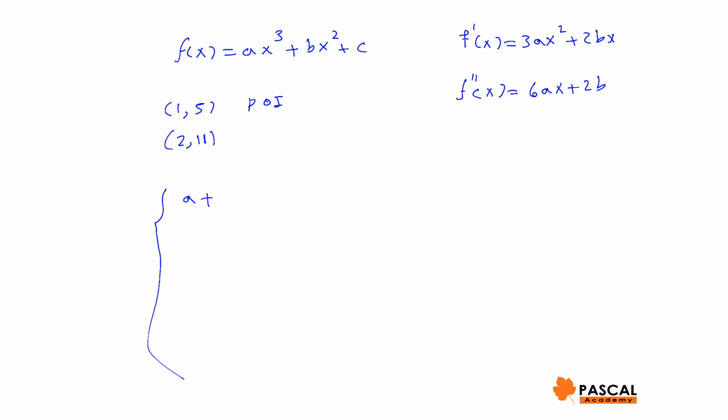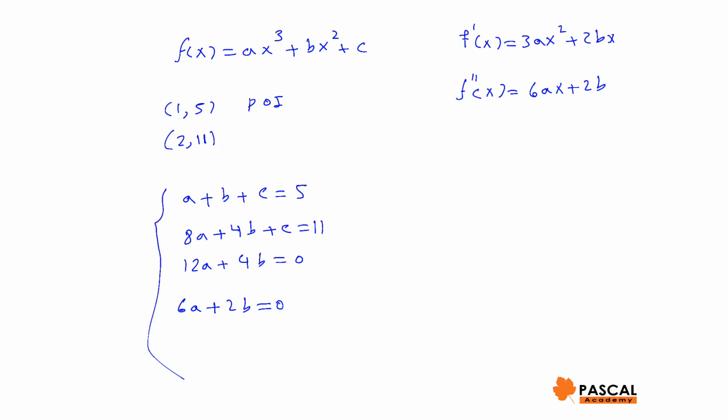That means a plus b plus c is 5. f double prime of 1 is 0: 6a plus 2b equals 0. f of 2 is 11: 8a plus 4b plus c equals 11. And f prime of 2 is 0: 12a plus 4b equals 0.